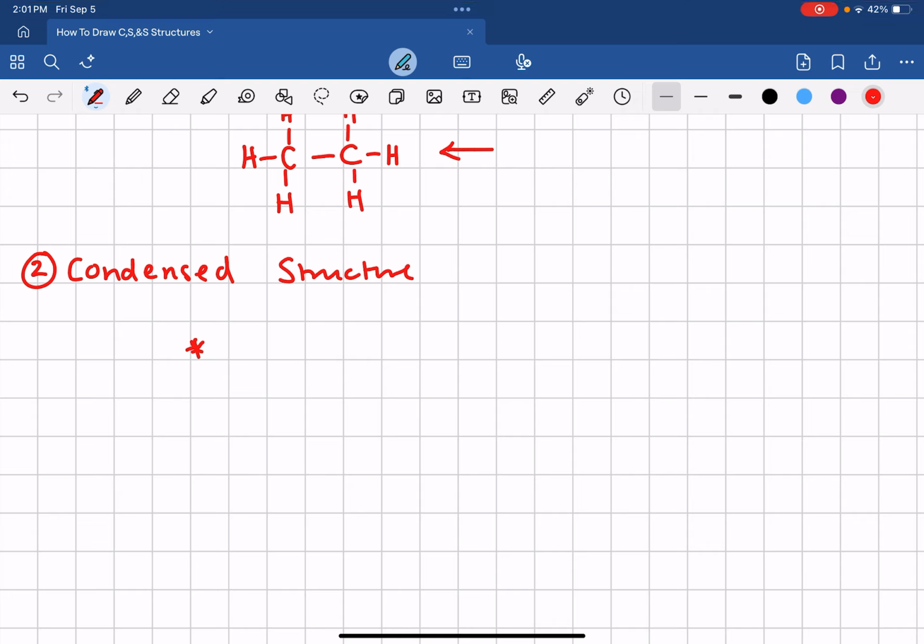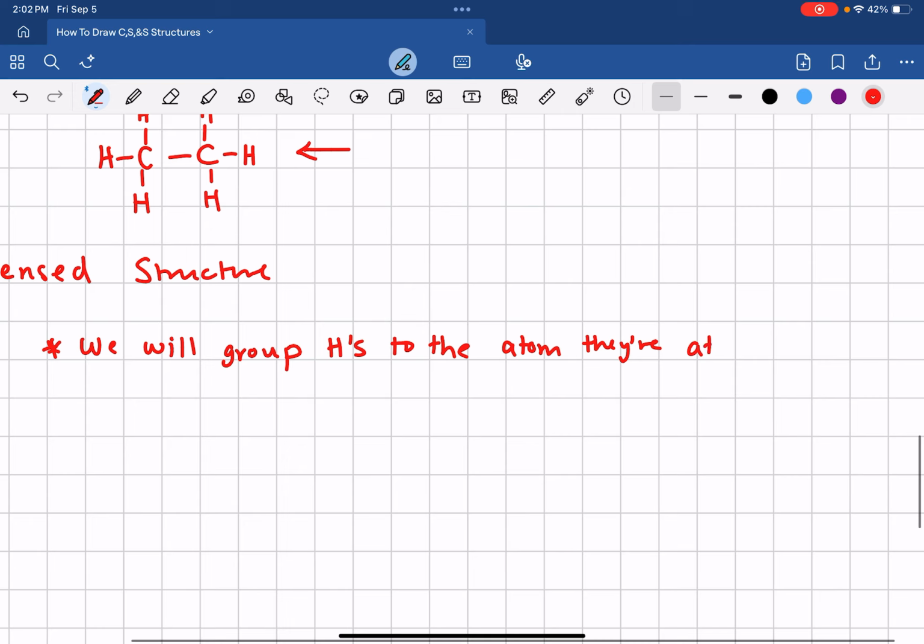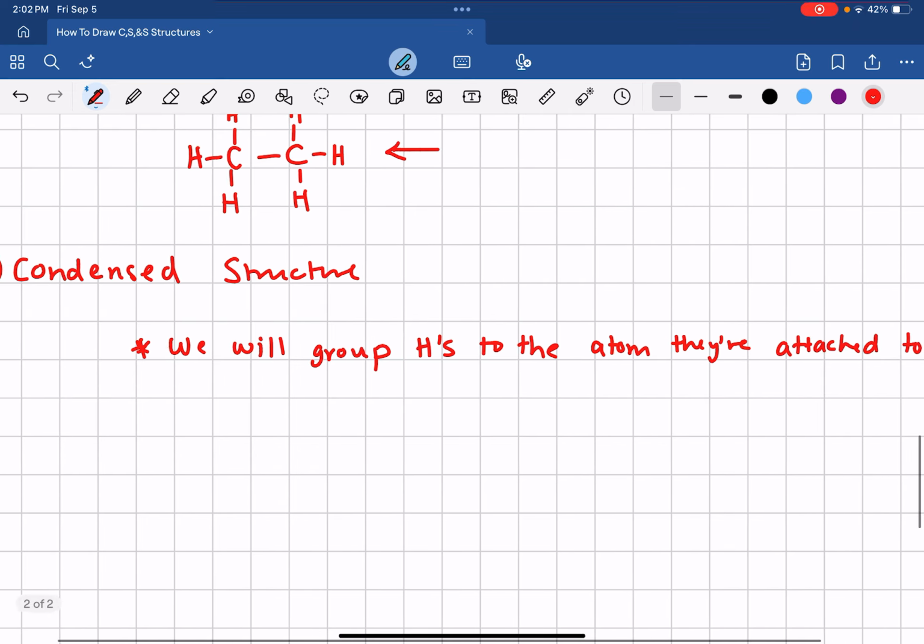So instead of drawing each hydrogen bond, we will group hydrogens to the atom they're attached to.